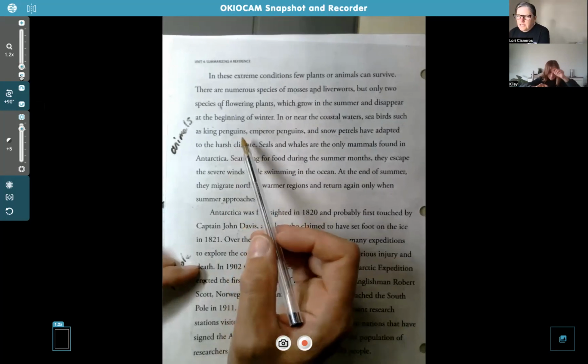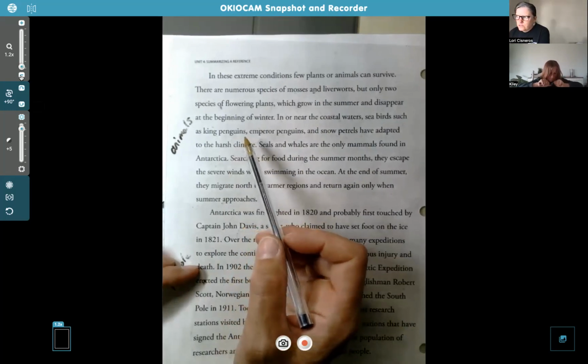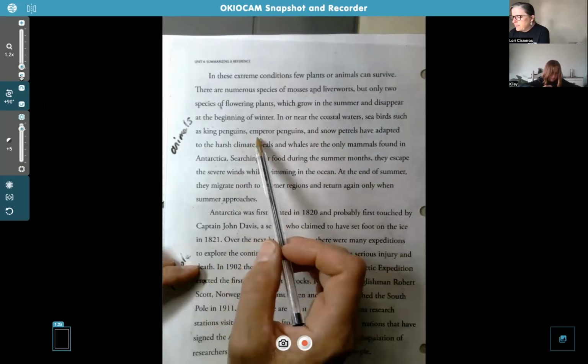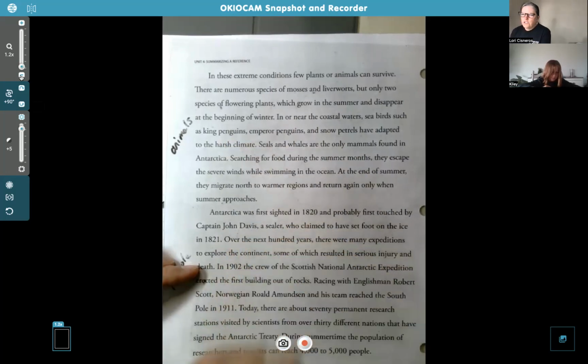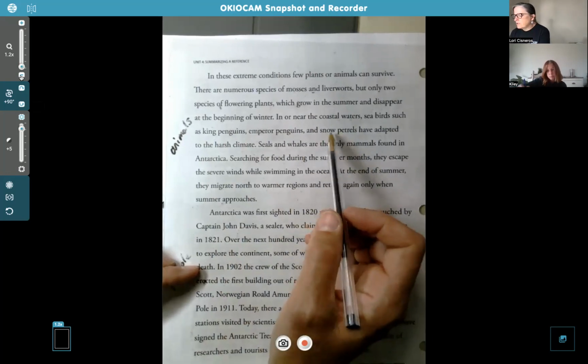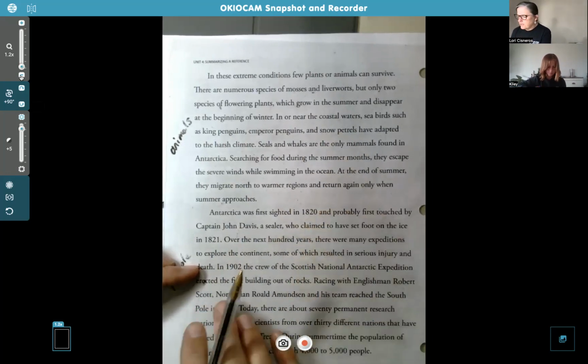Remember, the rules are still the same with only 3 words. So that would be too many to try to fit in there, but we could do two. We can write K penguins, E penguins. And if you don't remember them, we can just look back. That's a good idea. And then for snow petrels, we could do a snowflake. That's easy to draw.